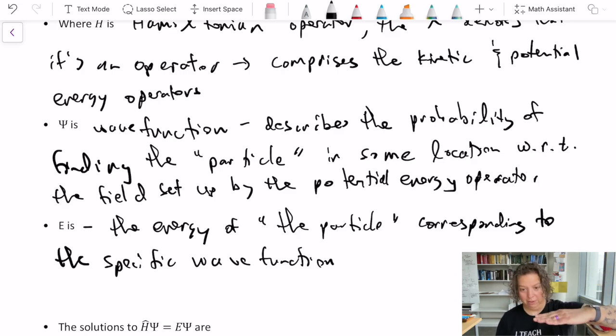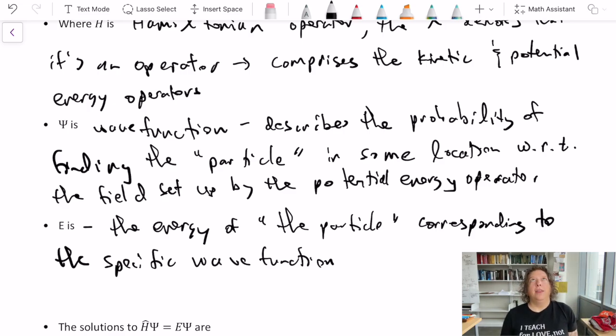There's several values, but they are going to span a large range of values. Each one of those is going to have a wave function associated with it. So the energy is telling you, okay, this wave function says, hey, maybe the particle can exist in this region with respect to the potential that's set up by the Hamiltonian, and if it does, this is what its energy is. And so you're going to end up having many of those.